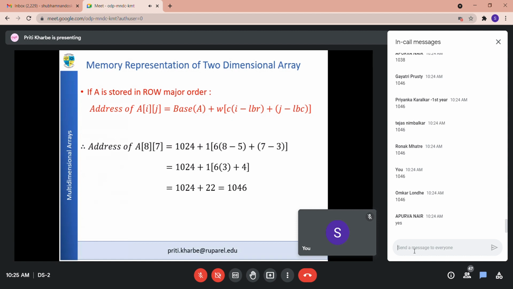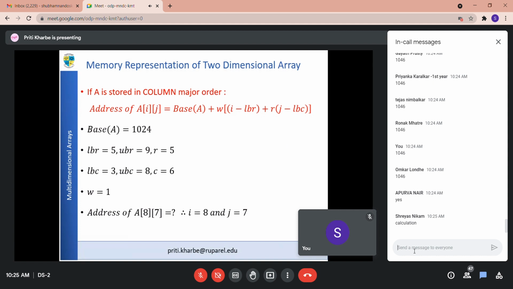Those who have completed will go for the second part, column major order. The formula for column major is on the screen. Calculate.